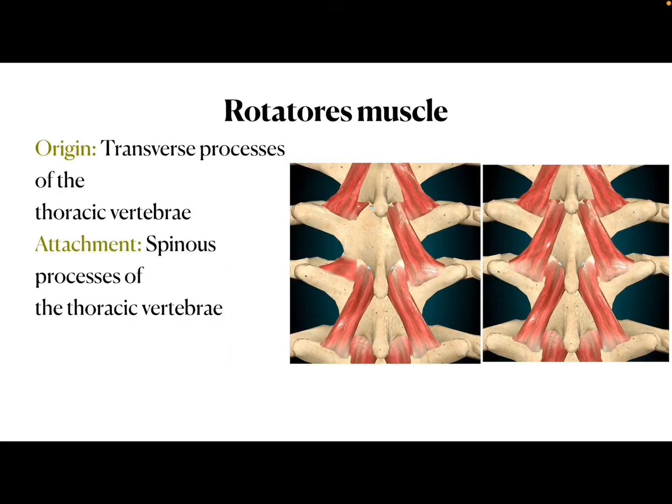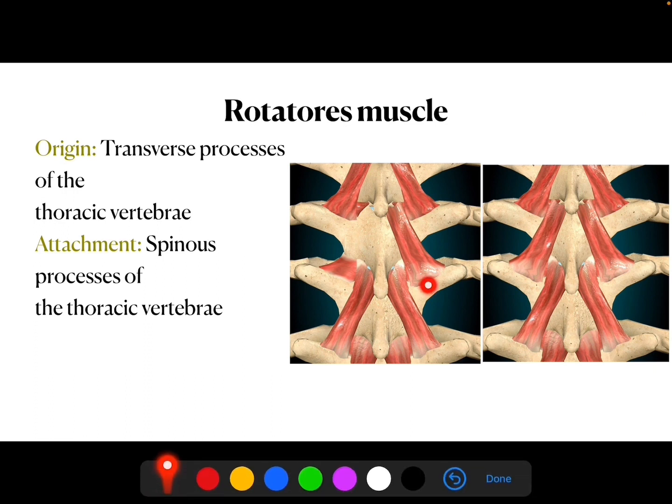Now let's begin with the first muscle of this group. It originates at the transverse process of the thoracic vertebrae and attaches at the spinous process of the thoracic vertebrae. Now, as mentioned before, it has two variations, brevis and longus. The brevis attaches to the nearest vertebrae, whereas the longus attaches after passing through one vertebrae.